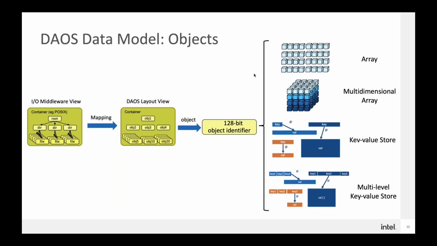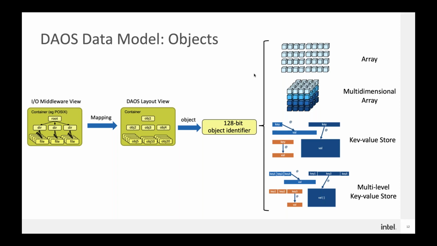So the KV of DAOS is a little bit different from other KVs, because in DAOS the value can either be a data blob, which is always read or written as one piece. And DAOS can also support an array value, which means that the user can read, write, or overwrite an arbitrary portion of the value.